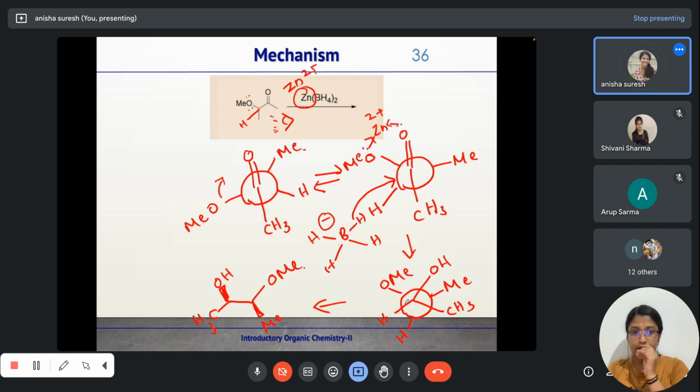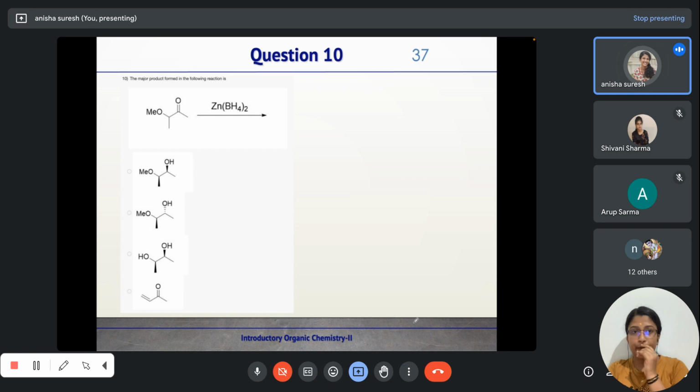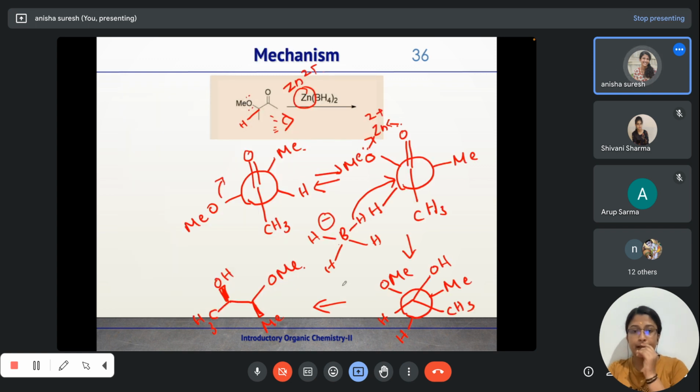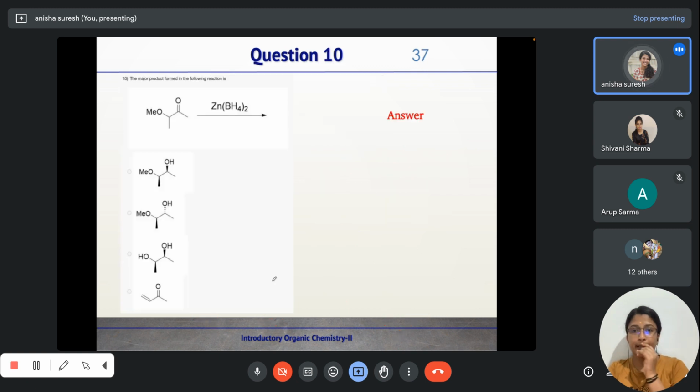OH, CH3, H, methyl, hydrogen, OMe. Hydride is coming in this direction. Both the hydrogens are in the same phase. So what will be the major product? Both this methyl and hydroxyl are coming in the same direction.